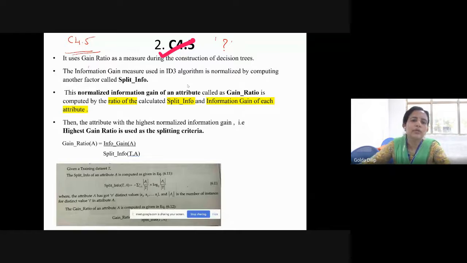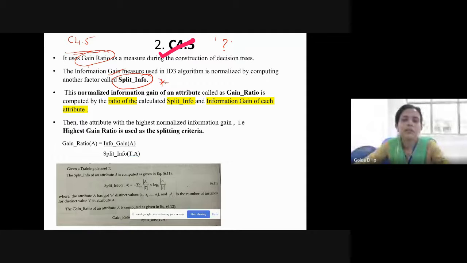Okay, so now coming to the splitting criterion. In ID3, what was the splitting criterion being used? Entropy or information gain. Here this uses the concept of what is called your gain ratio during the construction of your decision tree. The information gain measure, or the entropy measure, used in ID3, is normalized, put into a certain range, by computing another quantity called split information.